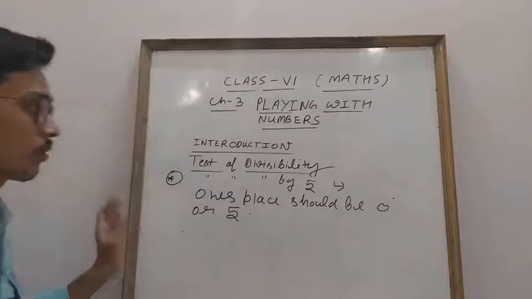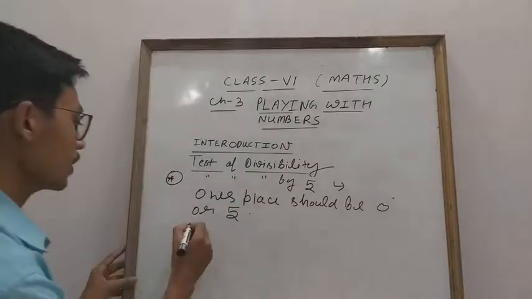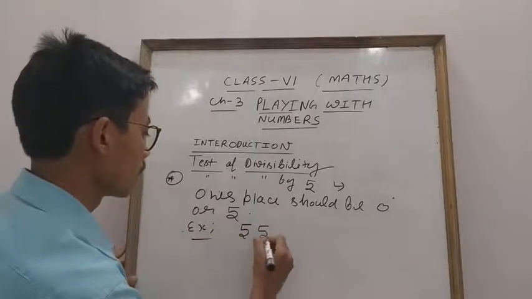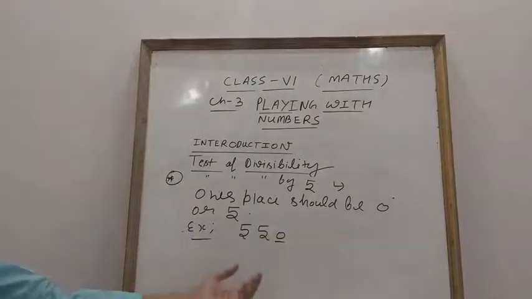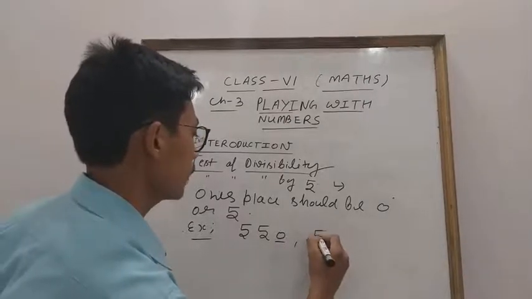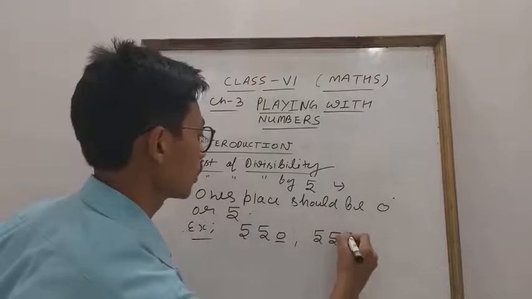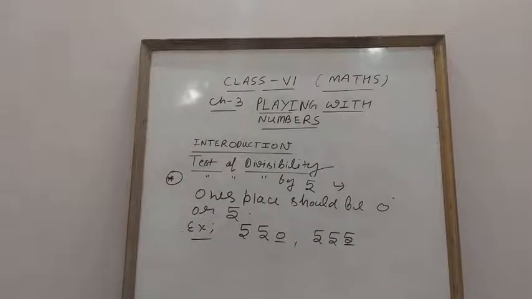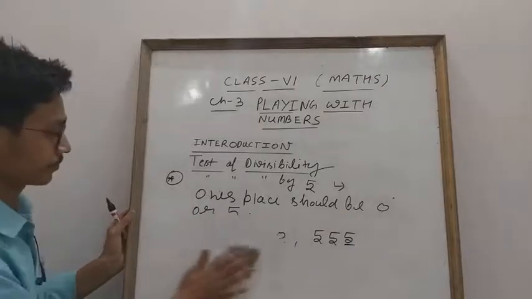Clear student? One's place should be 0 or 5. For example, student, like 550. Here one's place is 0, we will say the number is divisible by 5. Another example I can take 555. One's place is 5, so the number is divisible by what? 5. Clear student? So this is the test of divisibility by 5.